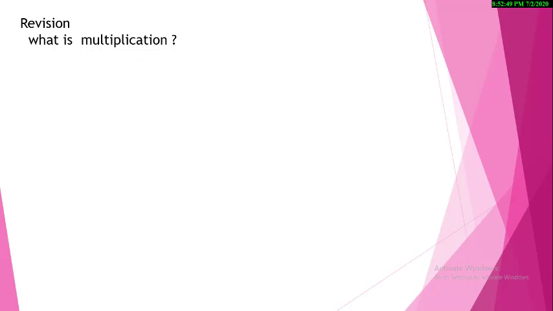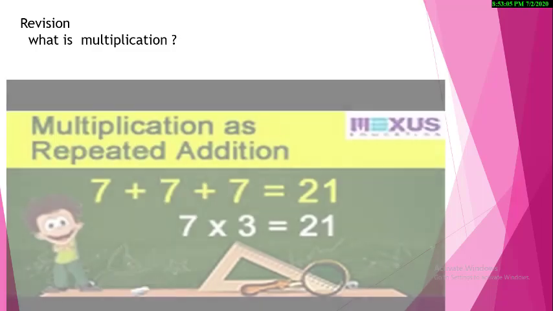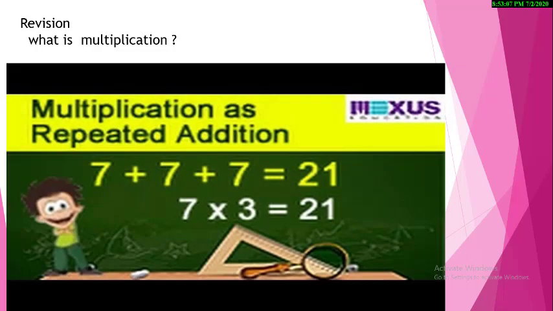So yes, this slide is about revision, and I just want to know, do you have an idea what multiplication is? Anyone? What is multiplication? I explained it to you in the previous lecture. Yes, multiplication is a repeated addition. This is the simplest definition of multiplication, and it is very important to learn it.